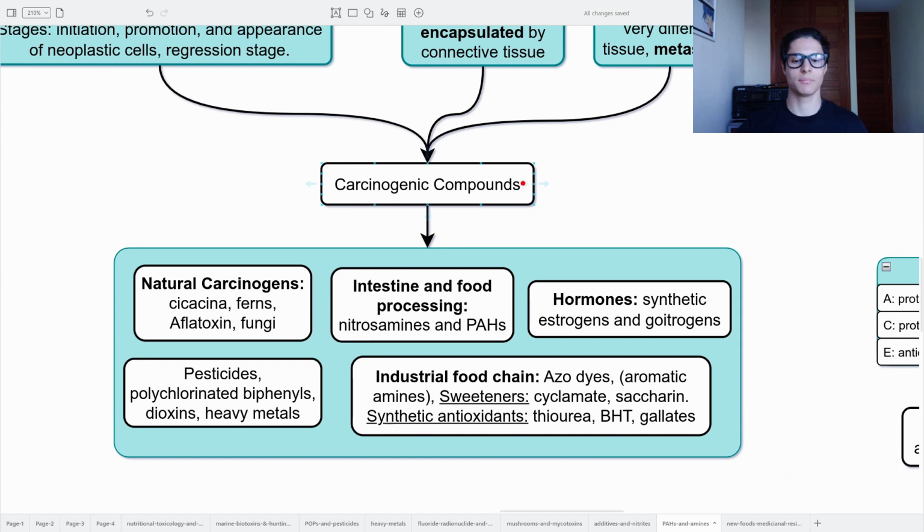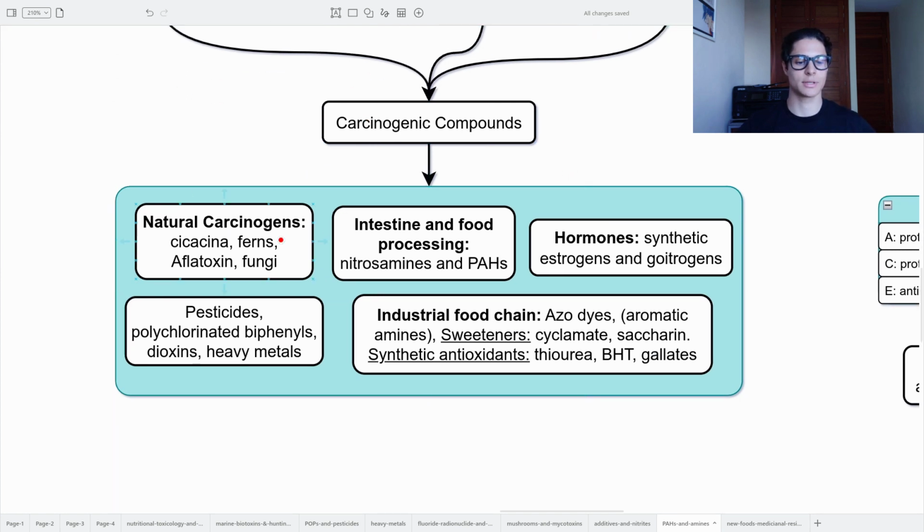And the carcinogenic compounds we have are natural carcinogens, such as cycasin, ferns, aflatoxins, we talked about that in previous videos, and fungi. Intestine and food processing created carcinogenic compounds are the nitrosamines and the benzo-alpha-pyrene, the polycyclic aromatic hydrocarbons. Hormones such as synthetic estrogens and goitrogens.